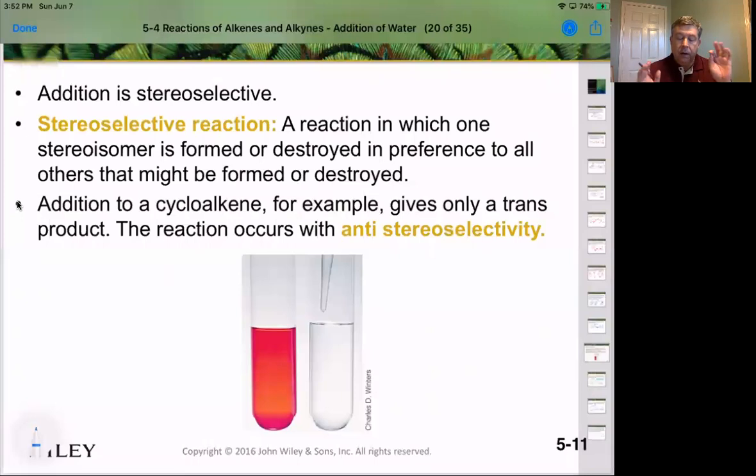So this is also a stereoselective reaction, okay? We typically only form one stereoisomer when we do this.